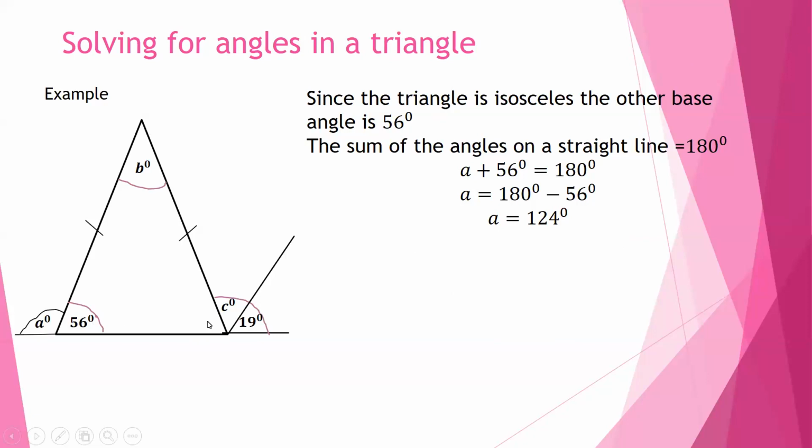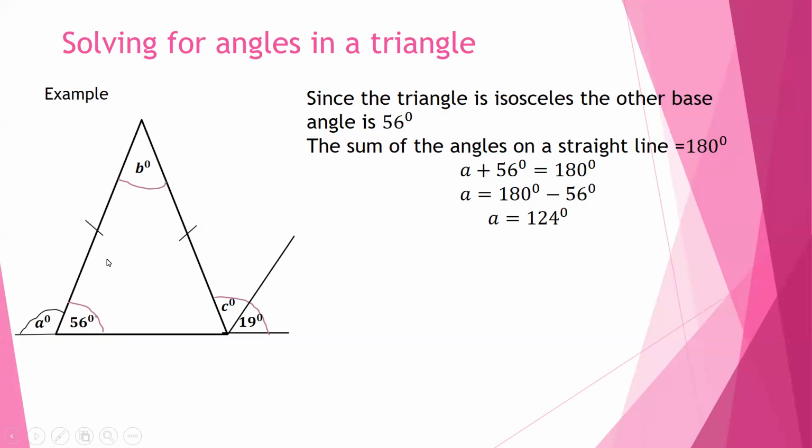So in order to find A, we know that A plus 56 is equal to 180. You realize that as much as we know that this is 56 degrees, and this line is forming a straight line, this plus this should give us 180.